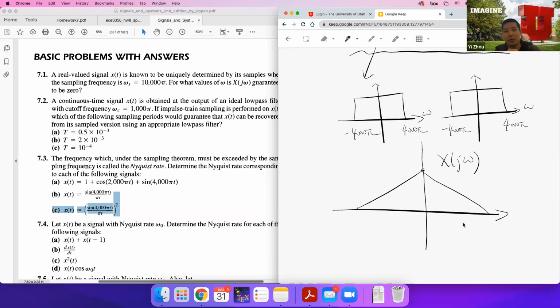Because of the convolution property, the width of this triangle is 2 times the bandwidth of this rectangle. So this is 8,000 pi and negative 8,000 pi.